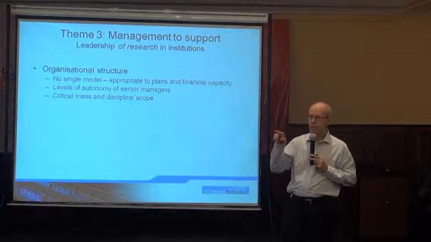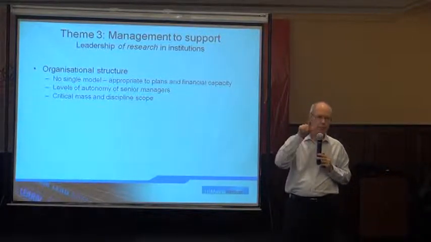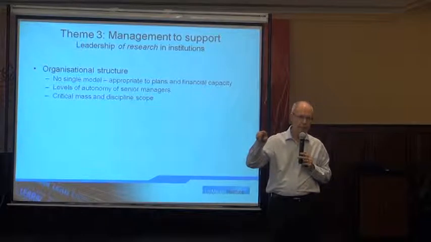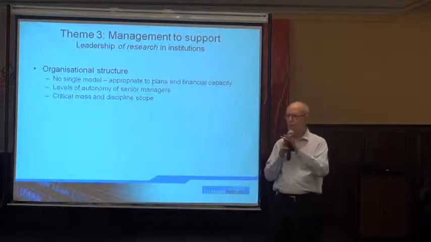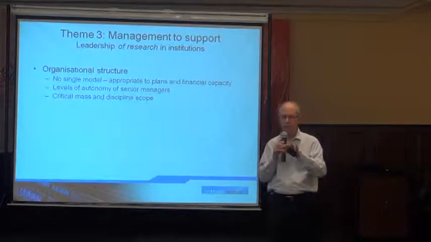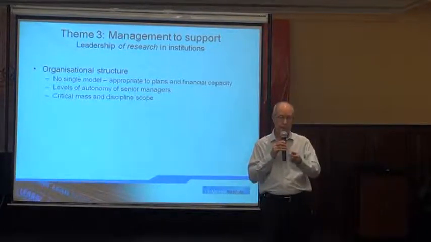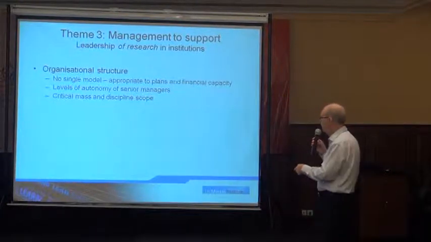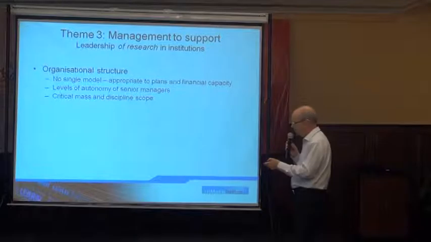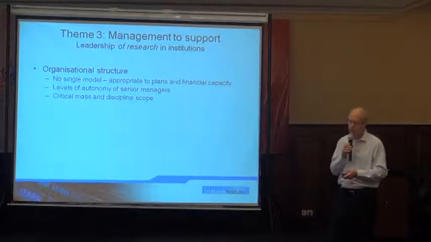So they resist efforts to cross the boundary between department A and department B, naturally enough. So the organisational structure and the way all of that management is handled is important for facilitating interdisciplinary collaboration, which comes down to what authority does a senior manager have in a particular department.